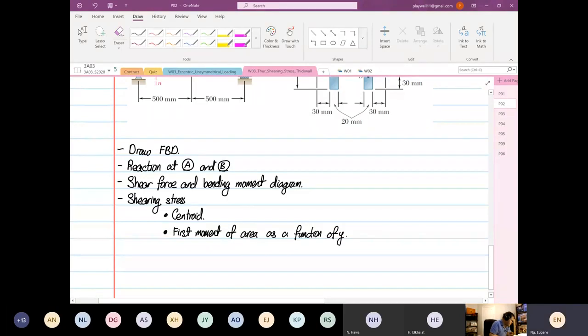Now this is the extra bit, okay? And I want us to derive the shearing stress distribution equation.